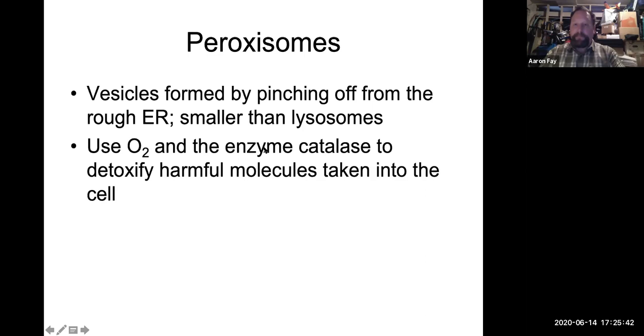So, long story short, take your antioxidants, make your enzymes like catalase, peroxidase, superoxide dismutase. This keeps your peroxisomes happy. Happy peroxisomes keep toxins from building up inside your cells. You don't get cellular damage, you don't get cancer. So that's really the whole long story there.